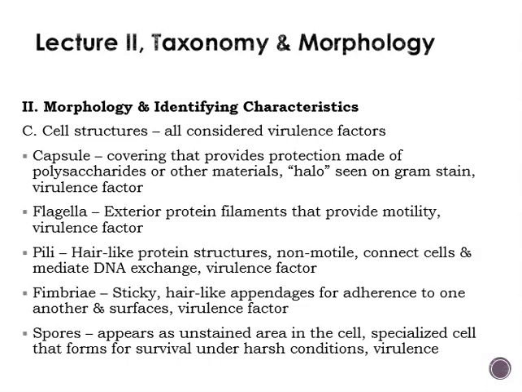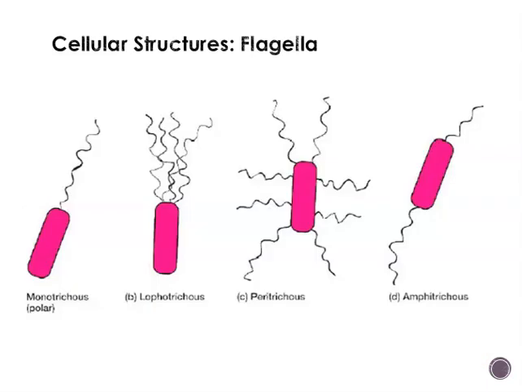Flagella are an exterior organ of locomotion, so that makes them motile, made of protein filaments. They look kind of like a tail, so this is also a type of virulence factor. Organisms can be either monotrichous, which means that they have a single flagellum at one pole, so that's referred to as polar flagella.